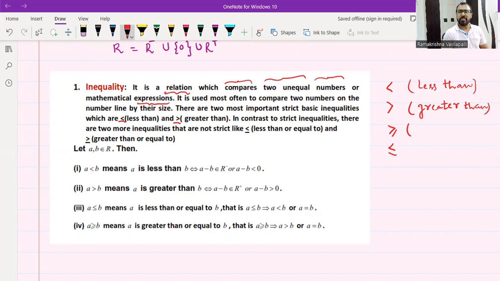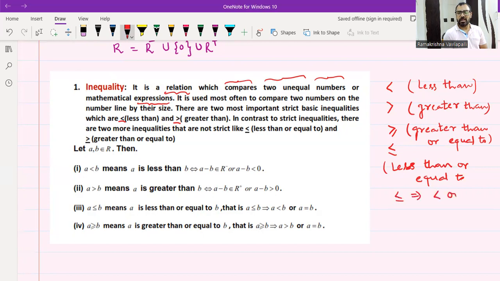In such cases, we use greater than or equal to. The other one, the final one, is less than or equal to, which implies either less than or equal. Any one of them can happen.